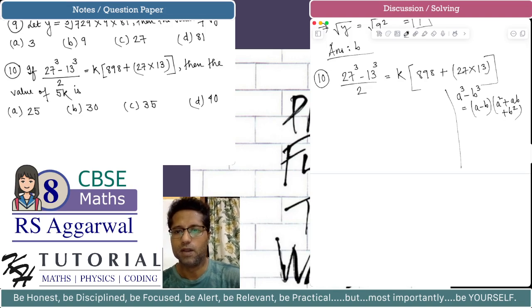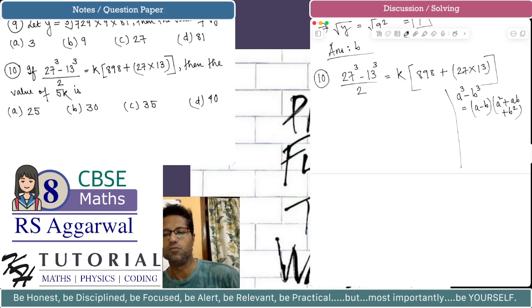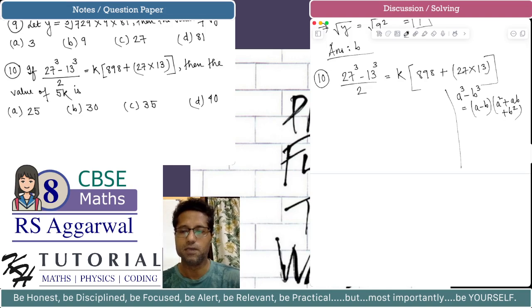Ideally we would like 898 to be equal to 27 square plus 13 square, because we know that a cube minus b cube is equal to a minus b multiplied by a square plus ab plus b square. The factor of k on the right hand side has the second term 27 multiplied by 13, and there is some term 898 with addition.